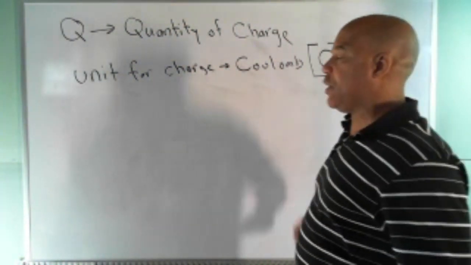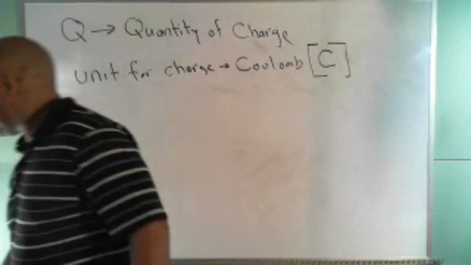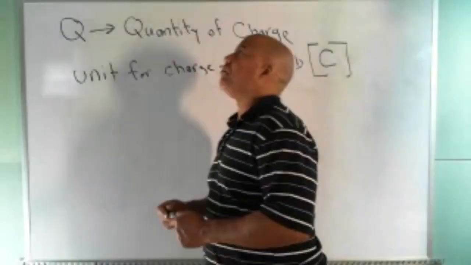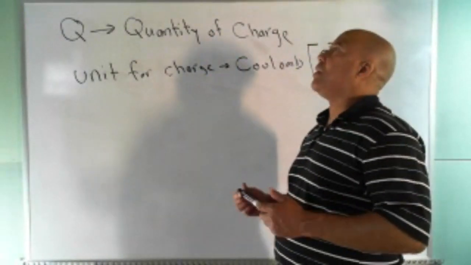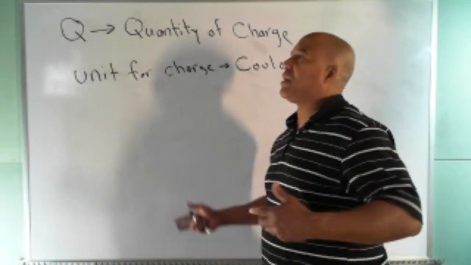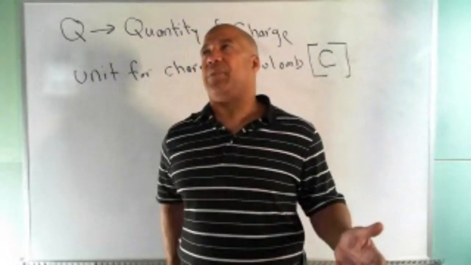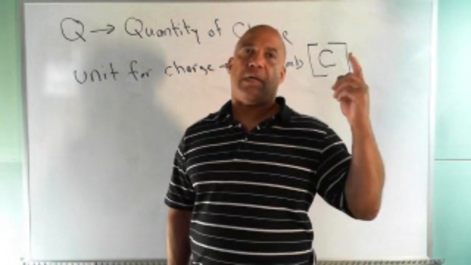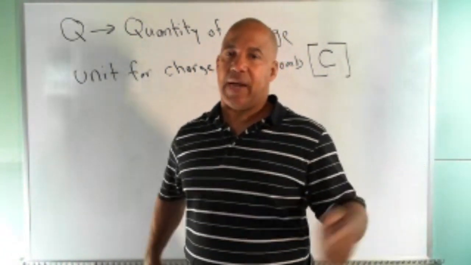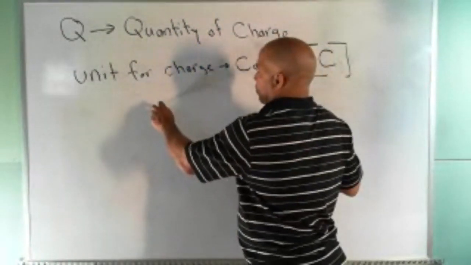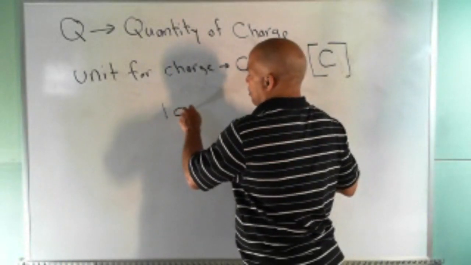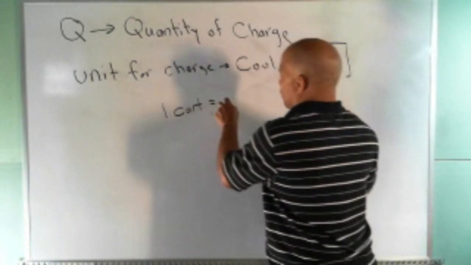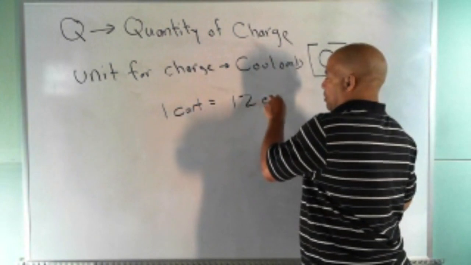So let's talk about a unit. If you think about an amount, for instance, let me think of an example. If you go buy a carton of eggs, one carton usually has 12 eggs.